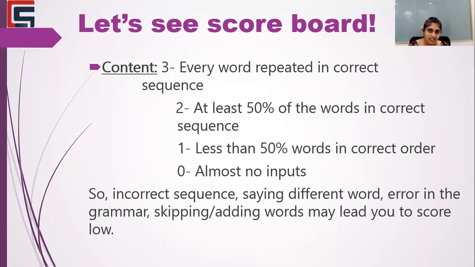If you are not giving any input, you'll get 0. So I can say incorrect sequence, saying different words other than the words given in the audio, or errors in grammar or tenses, skipping or adding words may lead you to a lower score.